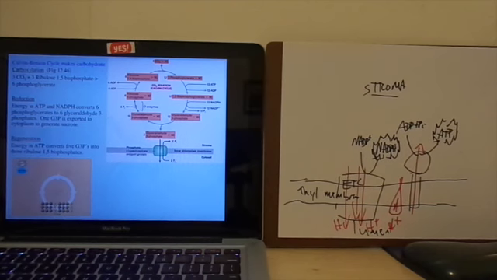G3P, or glyceraldehyde 3-phosphate, is a sugar, the final product of the Calvin cycle. One of the G3P molecules represents the 3 carbon dioxide molecules fixed so far. The other 5 G3Ps are reshuffled to regenerate the original RuBP molecules.